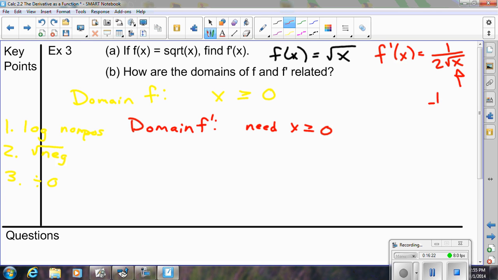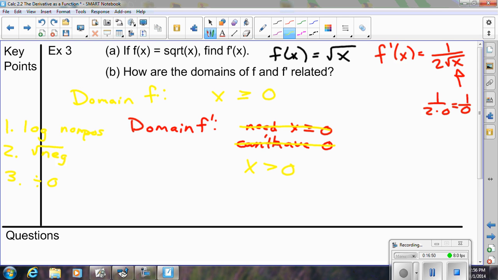But then we'd have 1 over 2 times 0, which is still 1 over 0, and that does not make sense. We cannot use x equals 0 because that's going to make us divide by 0. Well, to put these pieces together, those could combine to simply say x has got to be greater than or equal to 0.